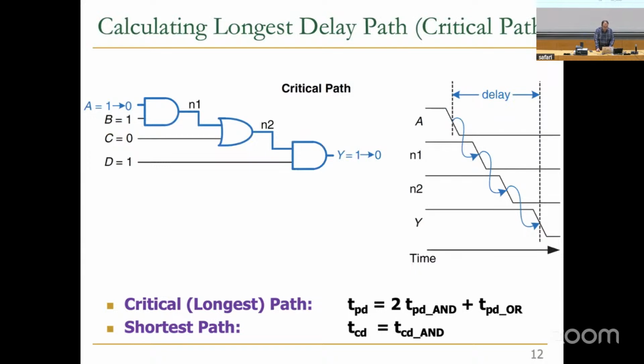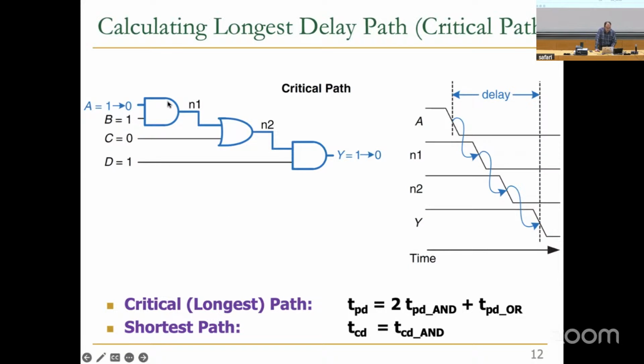So let's see with some examples. Here we can see this circuit, and these are the initial inputs: A is 1, B is 1, C is 0, and D is 1. If you calculate, you can see that the output Y would be 1. Then you change the input A to 0. This is your transition from 1 to 0, and things need to get propagated. This is a very good example because you need to go through all these gates.